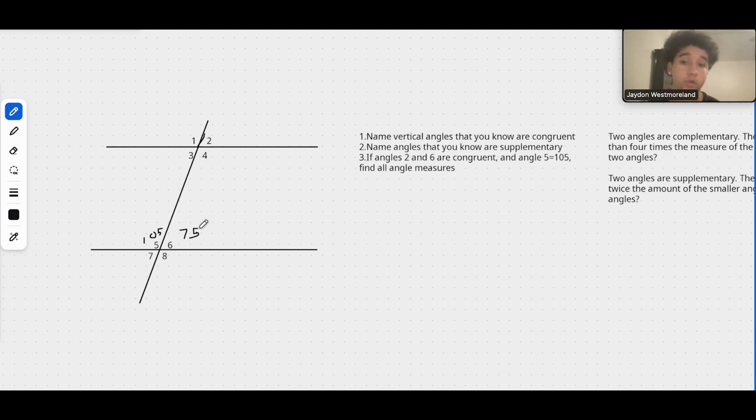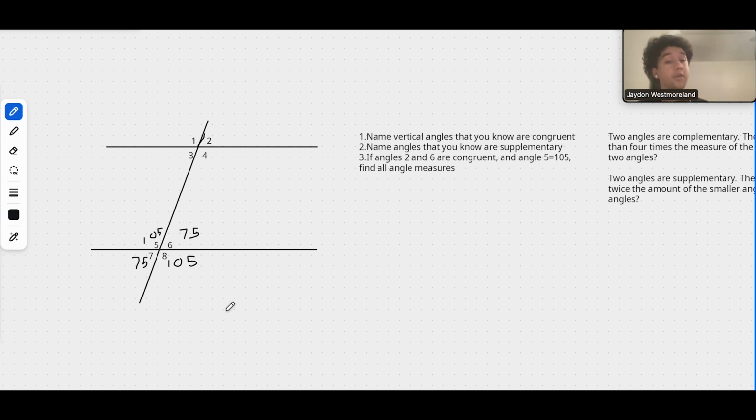Now let's use vertical angles. Well, notice angle 6 is vertical with angle 7. That means these are the same, thus this is also 75. Now I can also go over here, saying that this is supplementary with this one, which makes this one 105.